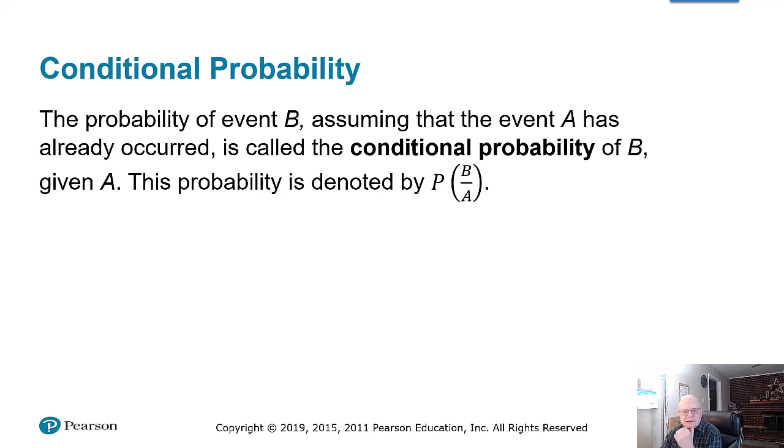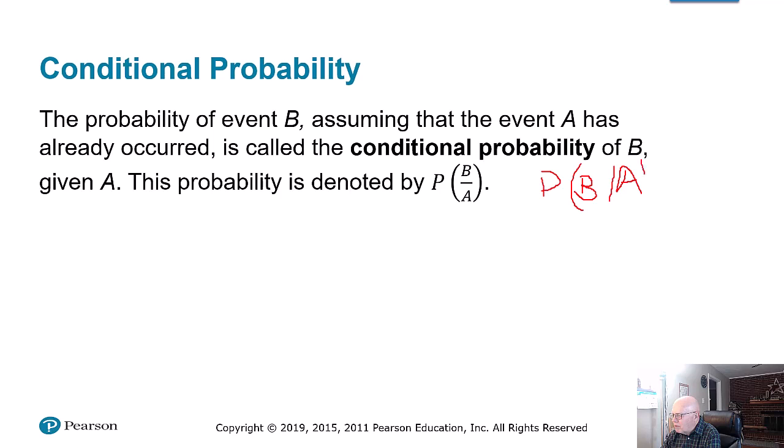Now this is a little bit different from what I'm accustomed to. Typically, if you want the probability of an event B, assuming an A has already occurred, all the other books I've ever seen have it written like this instead.